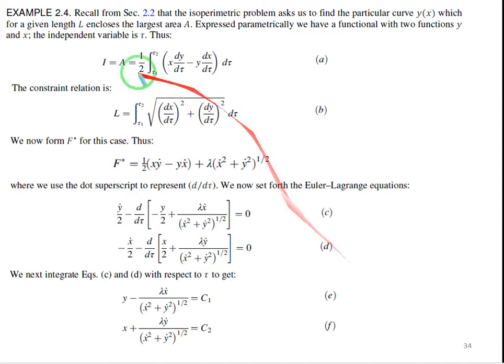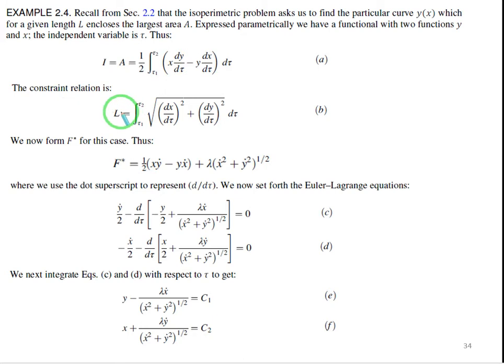We have shown that in that problem, the value of area can be calculated by this formulation: the integral from t1 to t2 of x dy over d tau minus y dx over d tau, multiplied by d tau, where tau is a parameter, and x and y are functions of tau.